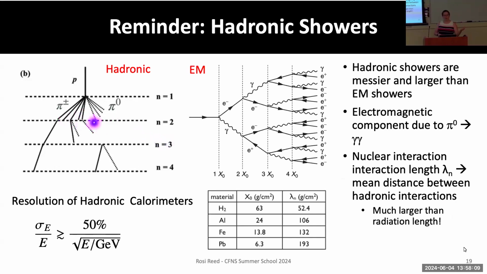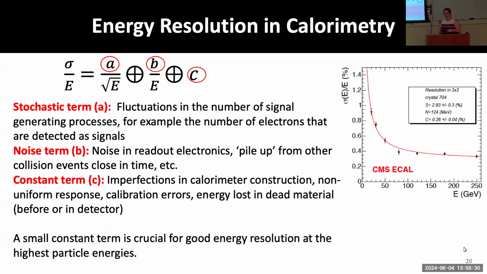When your hadron is splitting into pi plus, pi minus, and pi zeros, the pi zeros immediately decay to 2 photons, and so now you have an electromagnetic shower as part of your hadronic shower. This is all stuff we discussed yesterday, but now we want to talk about the actual detectors and how they're being used. But let's first talk a little bit about energy resolution in calorimetry.